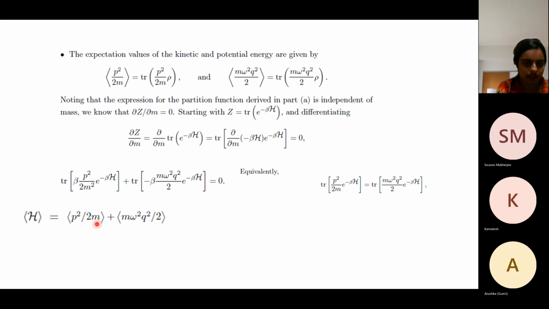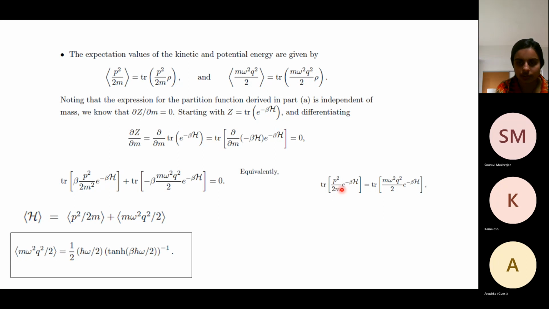So if the trace of this term and the trace of this term are equal, then since e to the power minus beta H by Z is actually rho, this tells you that the expectation value of p square by 2m is equal to the expectation value of m omega square q square by 2.